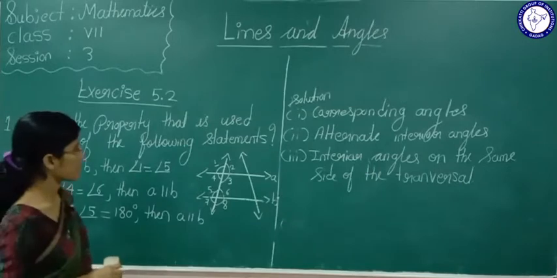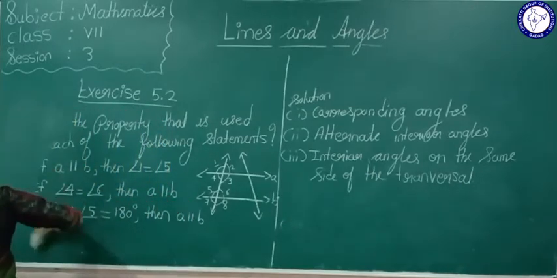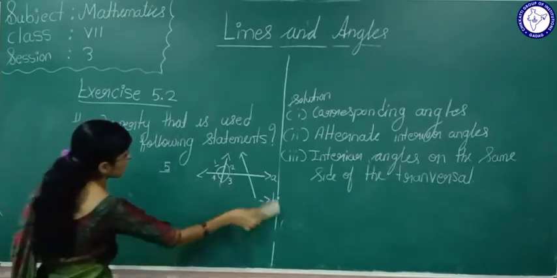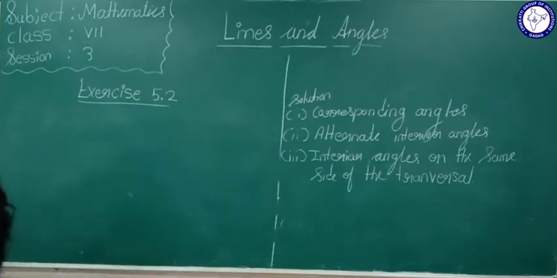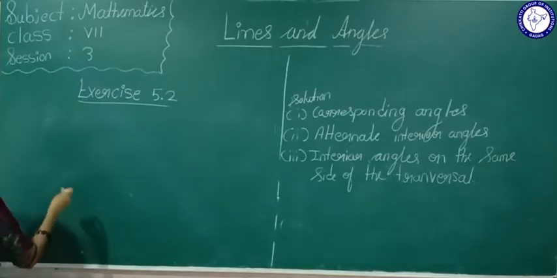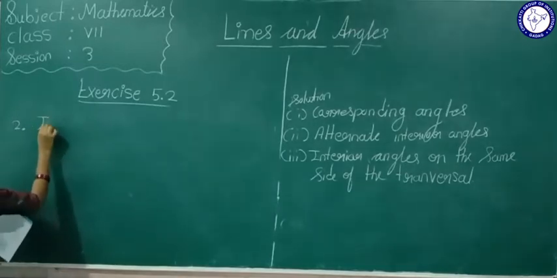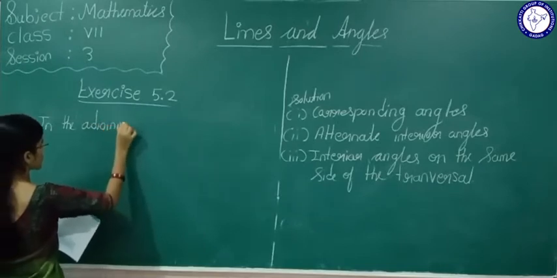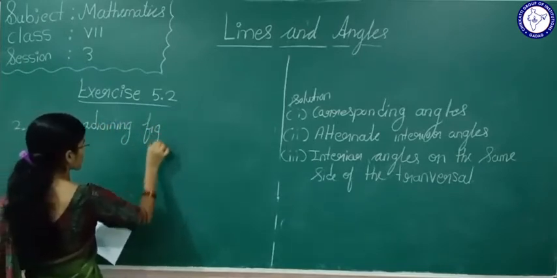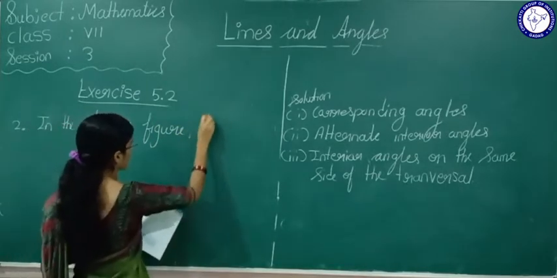Okay, this is about the first one. Now we will see the second one. Now see in the second question what they have given, we will write the question here. In the adjoining figure, identify.